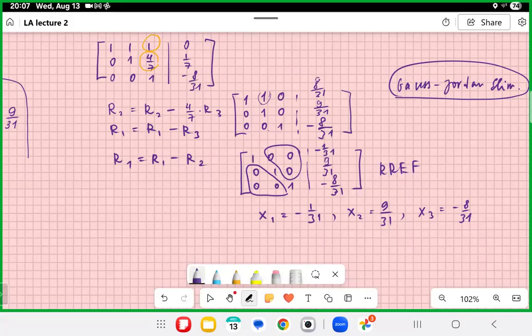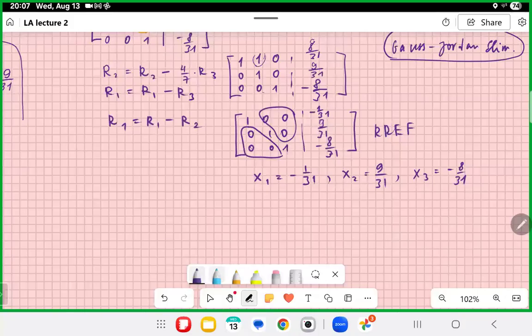Okay, so we know how to deal with this substitution. Now I want to talk a little bit about some more definitions which I missed in the beginning. Here, guys, the ones which are sitting on the main diagonal are called leading ones.